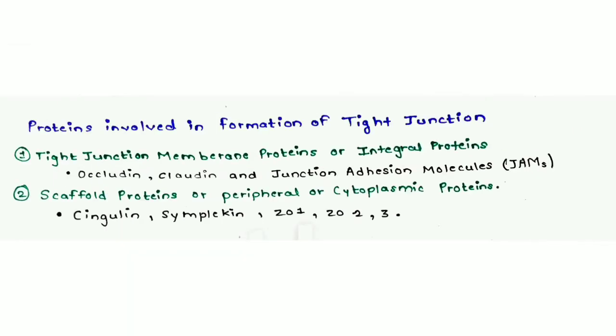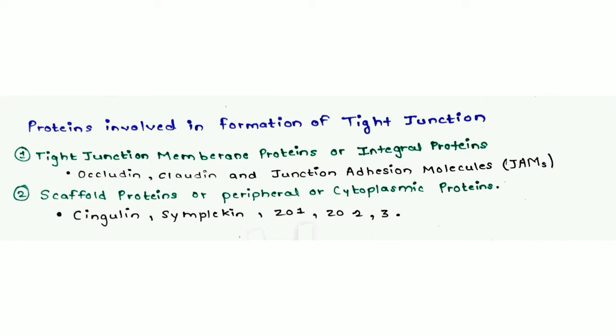So the proteins of tight junction are classified in two types. First is the tight junction membrane protein or integral membrane protein or transmembrane protein, such as occludin, claudin, and junctional adhesion molecules, JAMs.